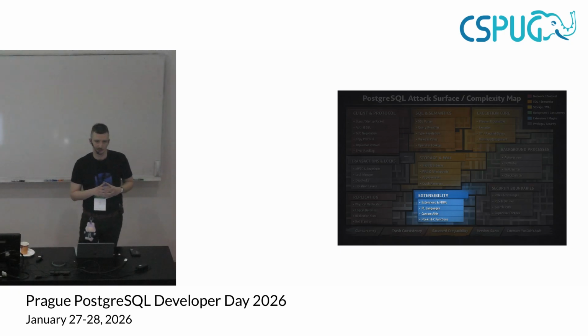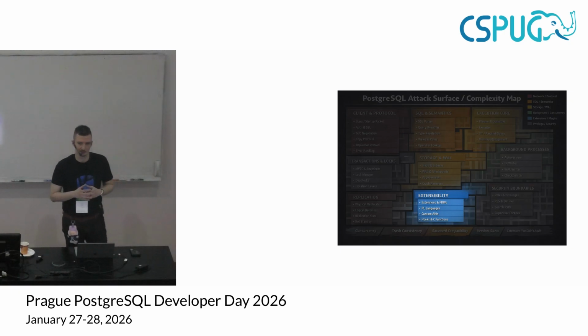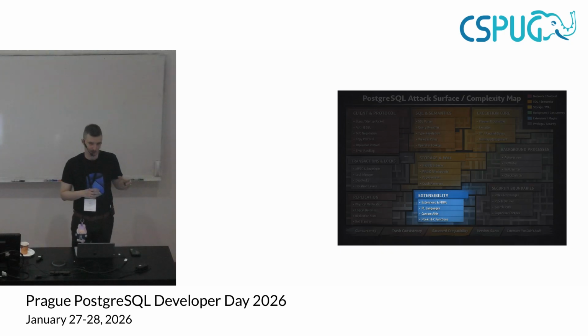The scope of changes that every extension introduces can be unpredictable and a very nice target for fuzzing. That includes both integrated extensions like PageInspect, HStore, pgcrypto, and external ones, especially those that do foreign data wrapping.